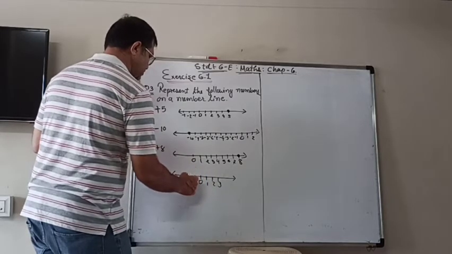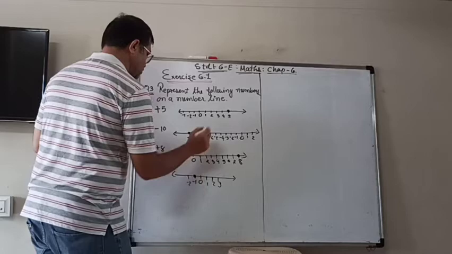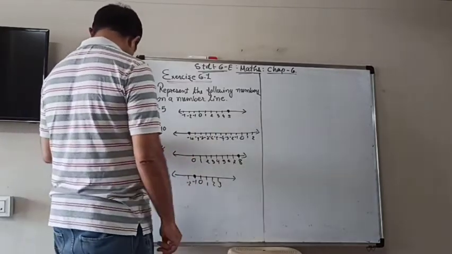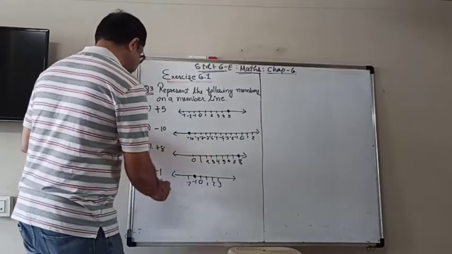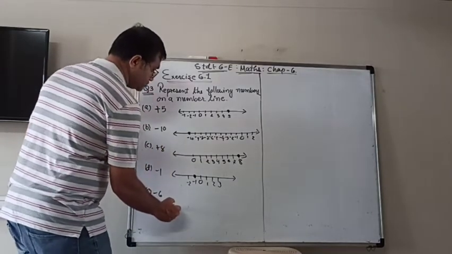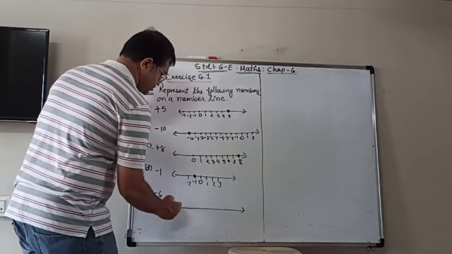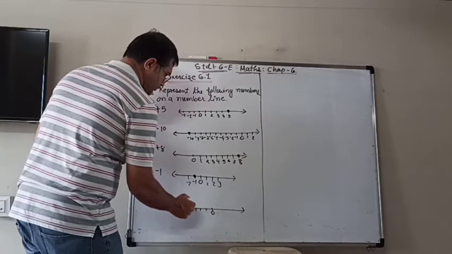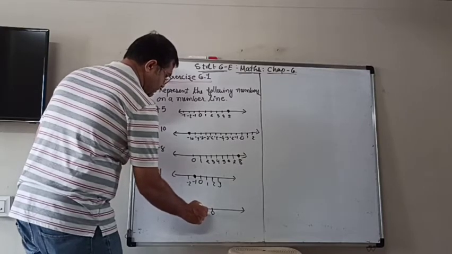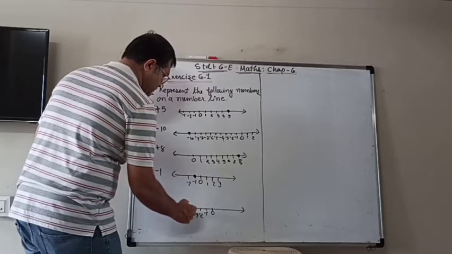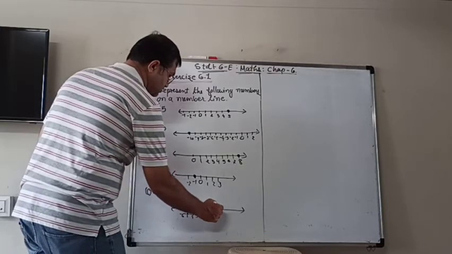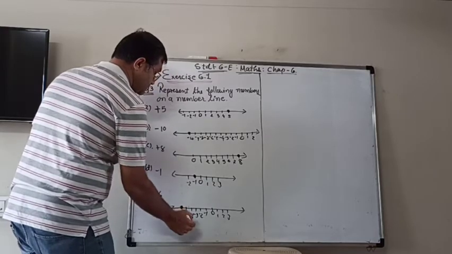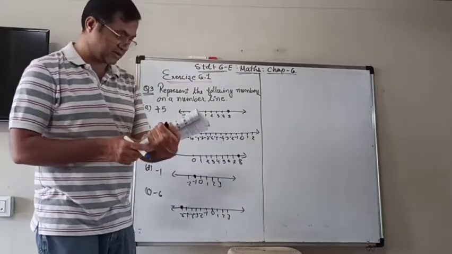This side is minus 1, minus 2. So you can take that minus 1. E is minus 6. So if you take 0, 1, 2, 3, 4, 5 and 6, minus 1, minus 2, minus 3, minus 4, minus 5, minus 6. So minus 6, you can represent like that.